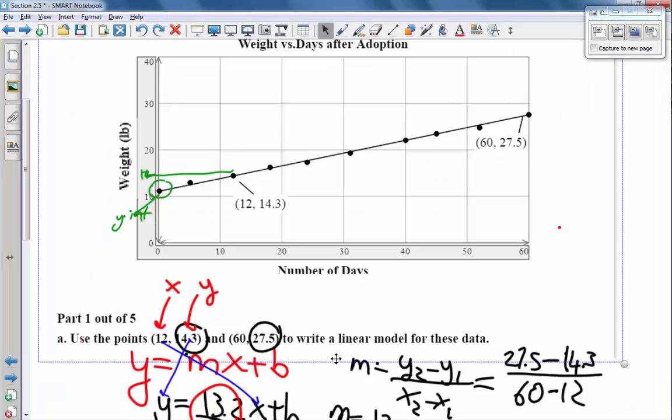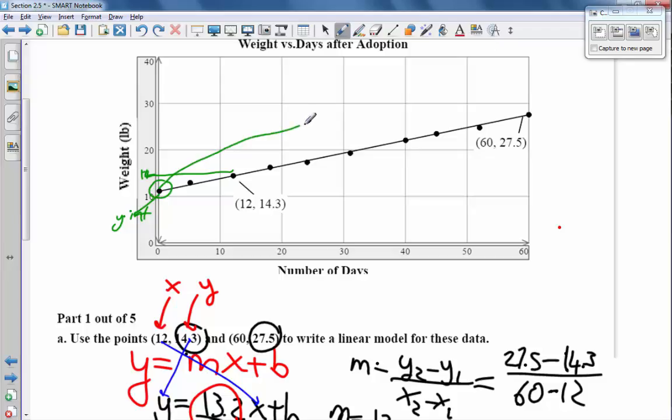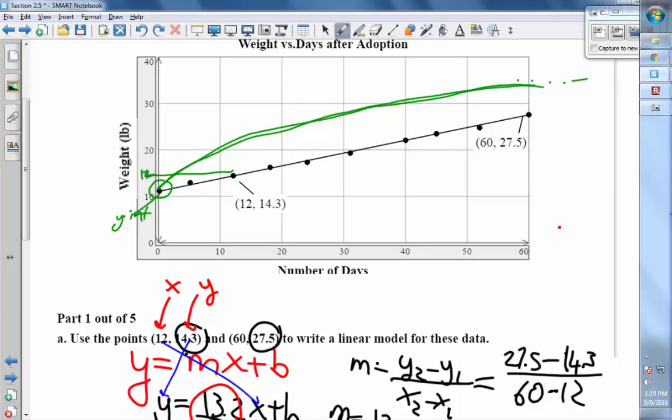Much better models, when we go to logarithms, you will see that weight is actually best described by this model. What is the difference? This doesn't go to infinity. This slows down and stays under some level. It's called logarithmic model.